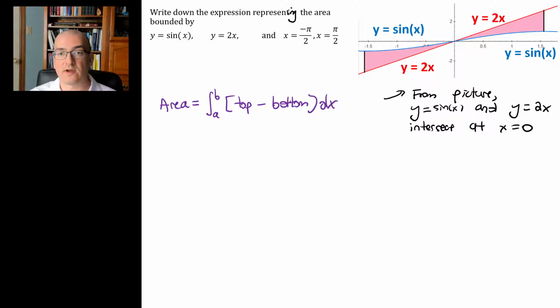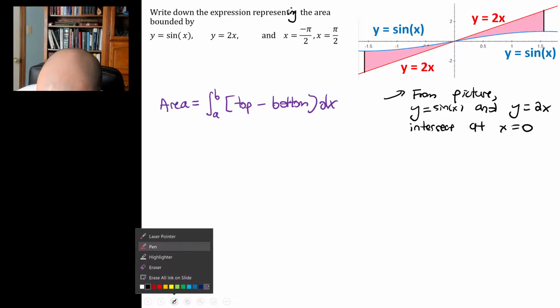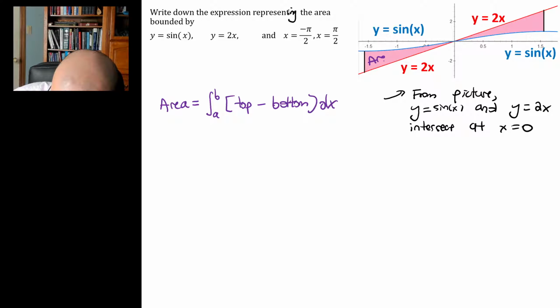That means we have to split our area expression into two area expressions, a left part and a right part, area 1 and area 2. So I'll label those pieces inside. I'll put area 1, area 2.